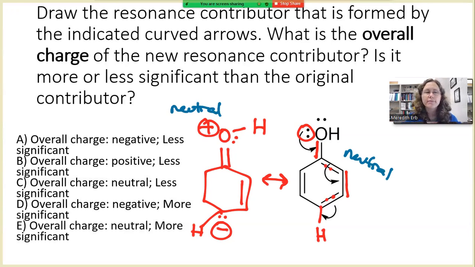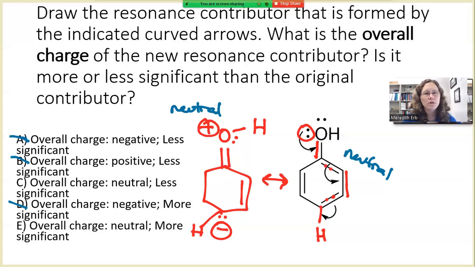It can have individual atoms with formal charges, but overall the charge will always be the same. So that helps us a little bit. We can cross off several answer choices over here. In a multiple choice test, you always want to narrow your choices down. It improves your ability to guess if you have to.